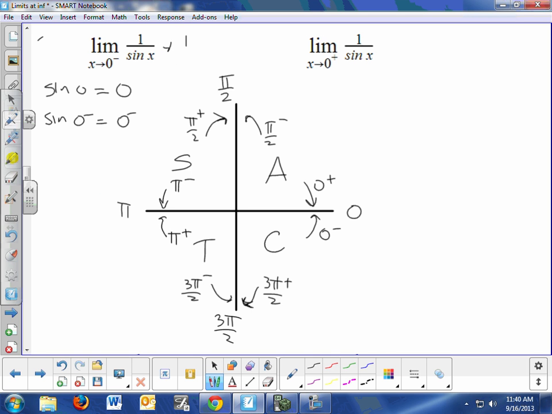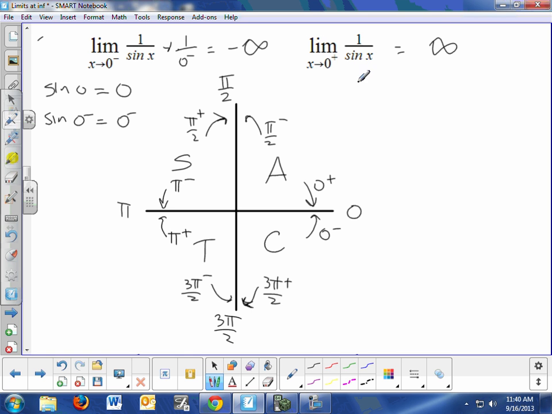So 1 over the sine of x, as x approaches 0 from the left, is like 1 over the sine of a number approaching 0 from the left, which is something extremely big in the negative direction. Okay, and this would be obviously the opposite.